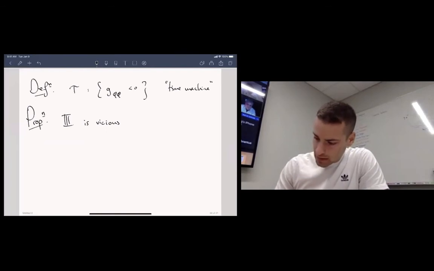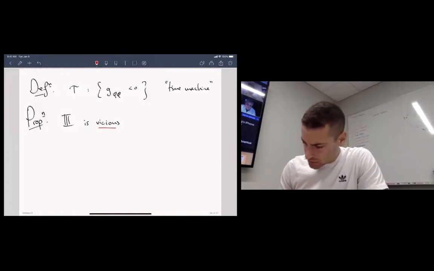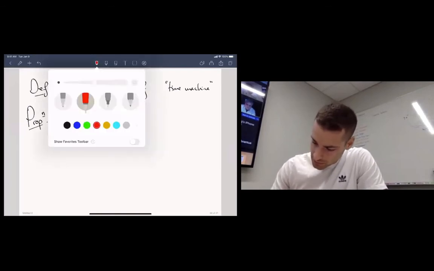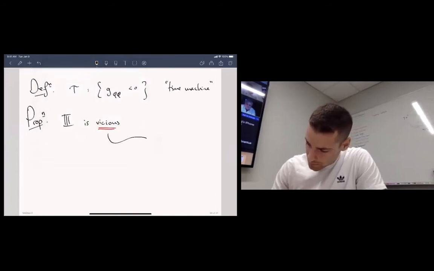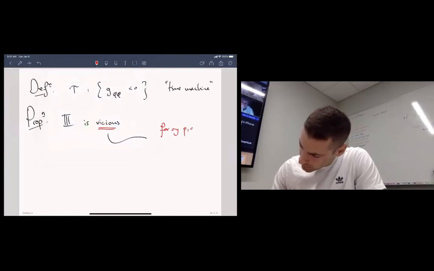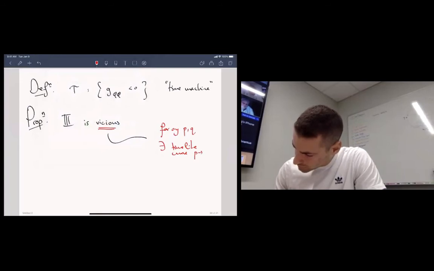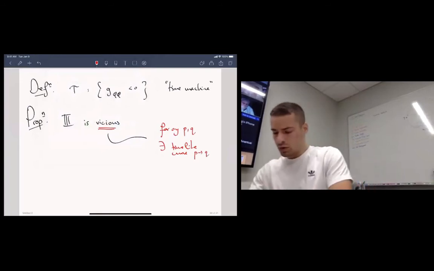Now you're going to say, okay, what does vicious mean? Vicious means the following: for any p, q, there exists a time-like curve from p to q. You'll say, why is that so strange?